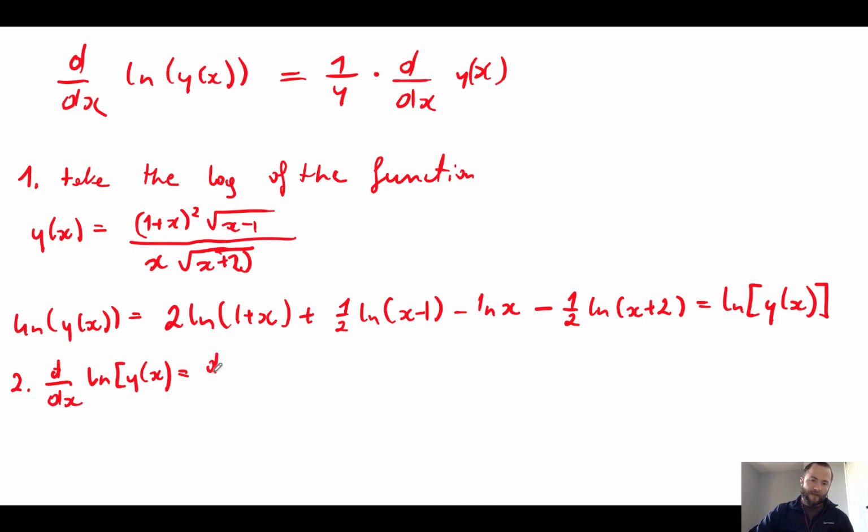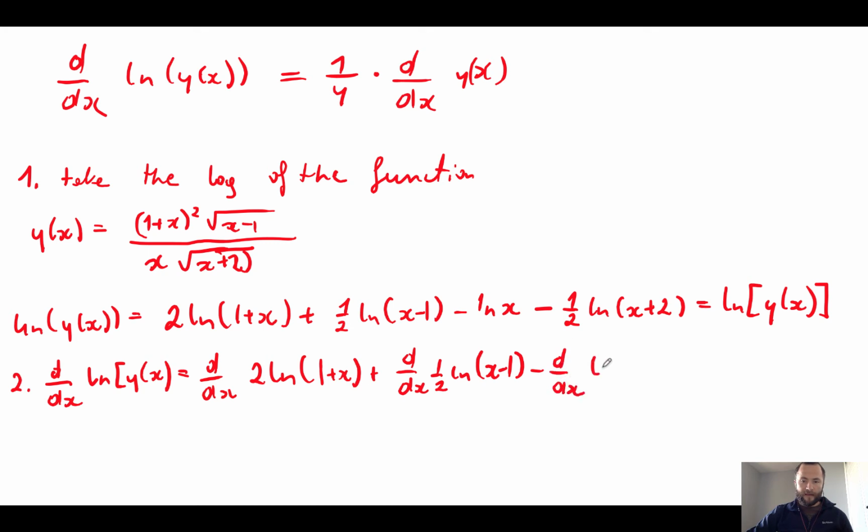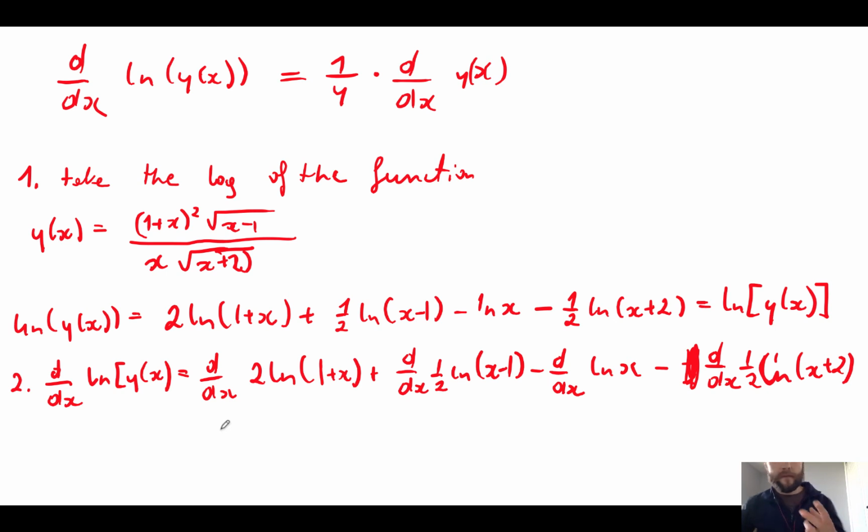So that would be d dx of 2 ln of 1 plus x, plus d dx of half ln of x minus 1, minus d dx of ln of x, and minus, I suppose that should be, minus d dx of half of ln of x plus 2. So second step, take the derivative of both sides.